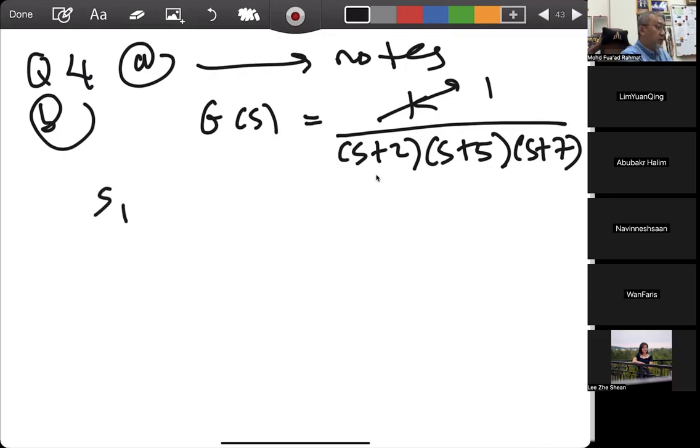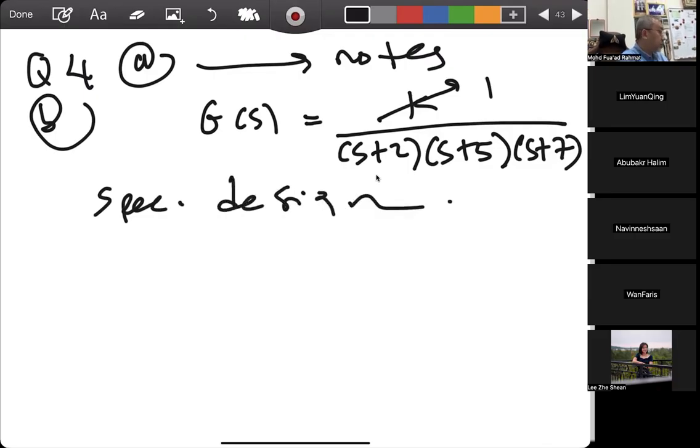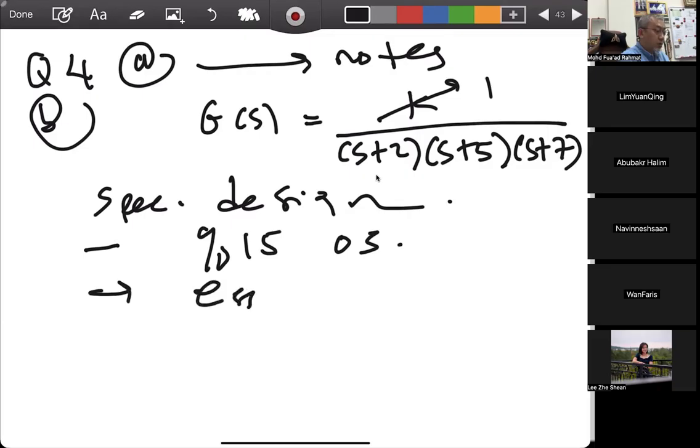Spec design, Nevin. 15% overshoot, steady state error less than 0.1, meaning that Kp is more than 10. Okay.